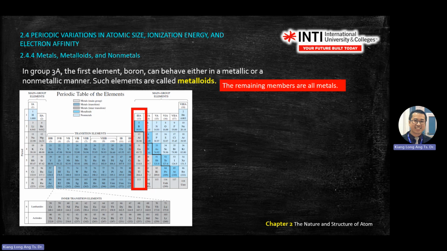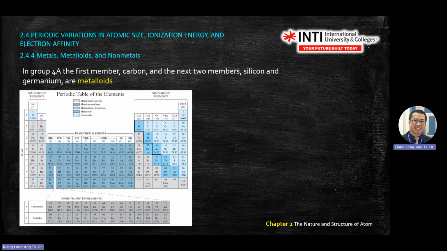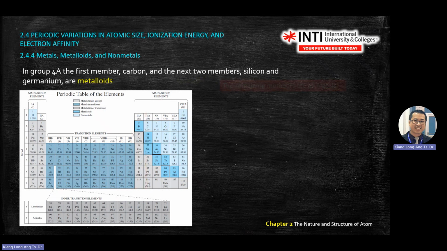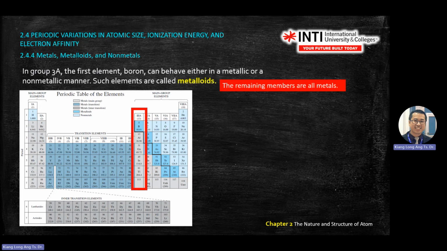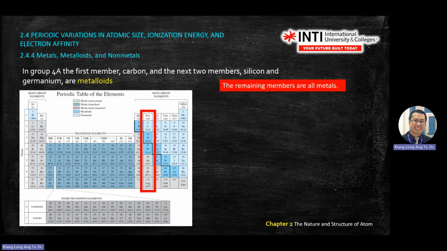Boron, this one. The rest is non-metal. So the rest is metal. Aluminium is metal and so on. Okay, metalloid. So silicon is also the same. Silicon, carbon, they are also metalloid.